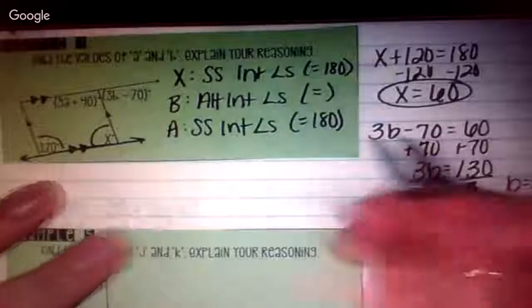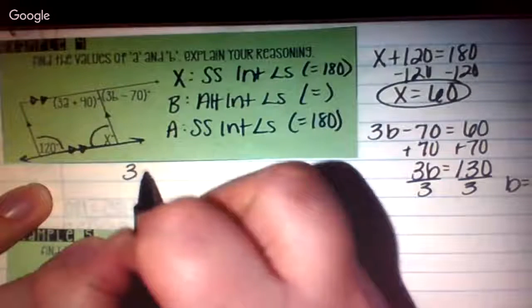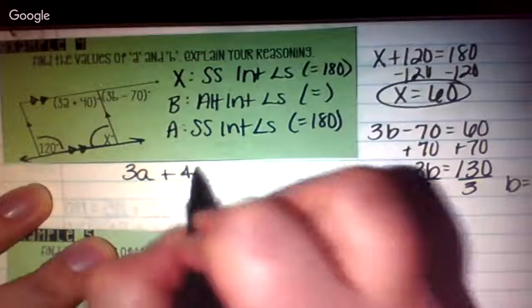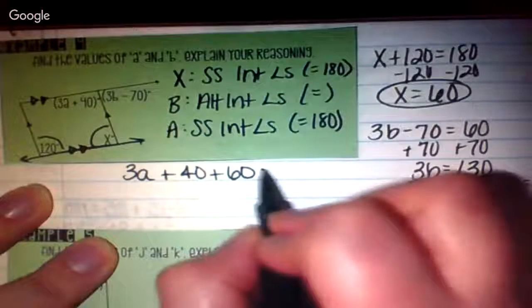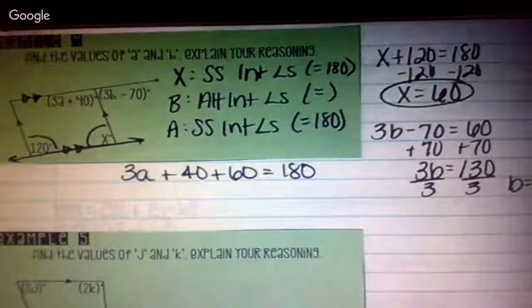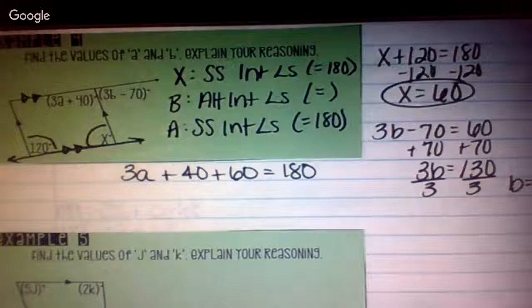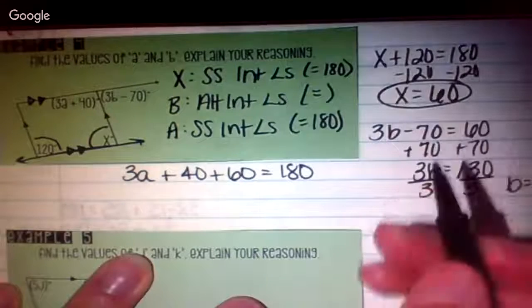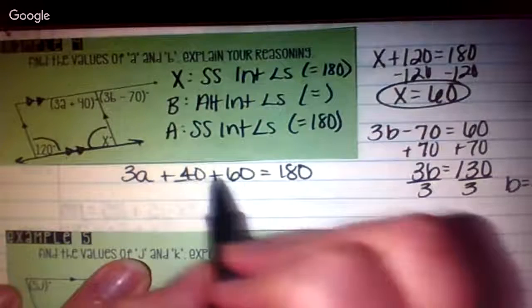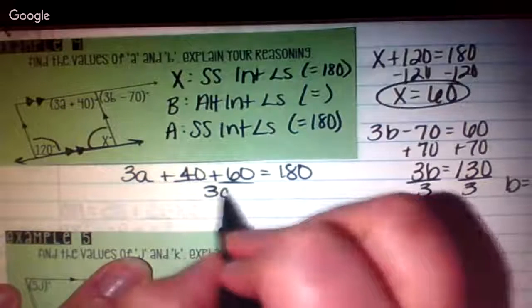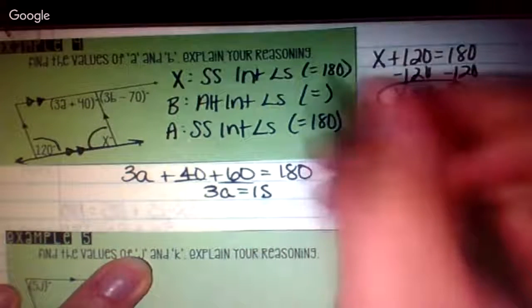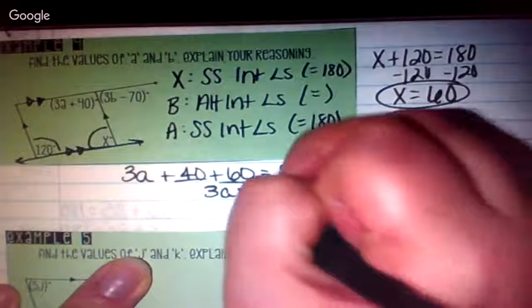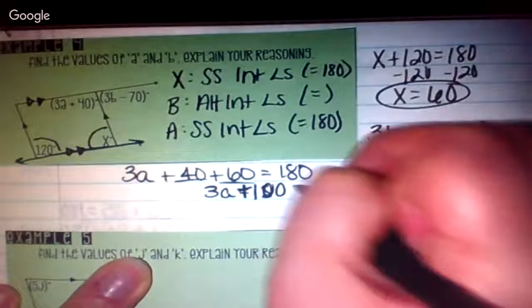So 3A plus 40 plus X, which we know is 60, equals 180. What do we need to do first? Add 40 and 60, combine your like terms. So 3A plus 100 equals 180.